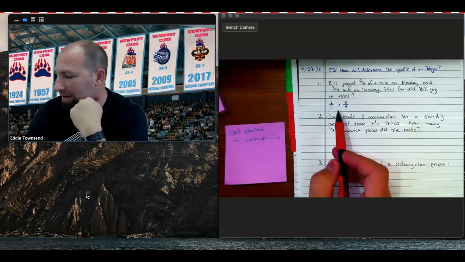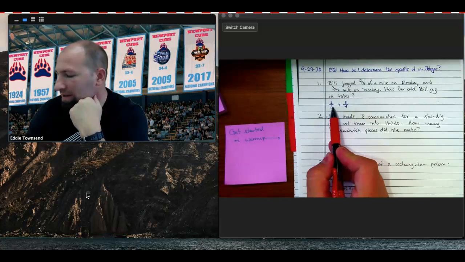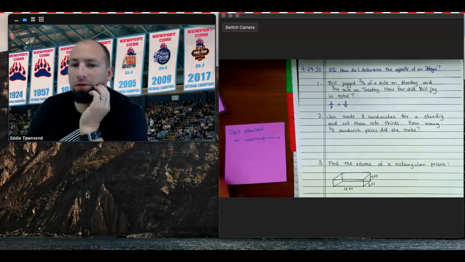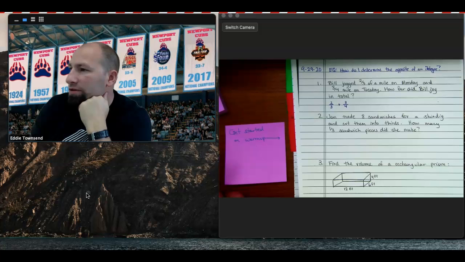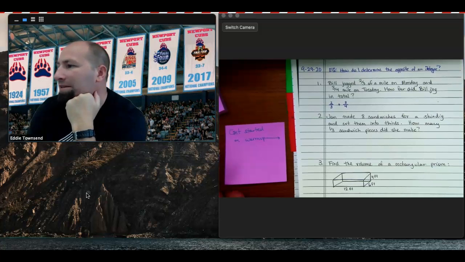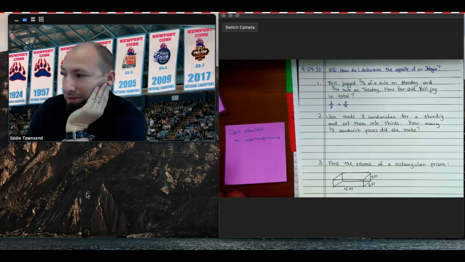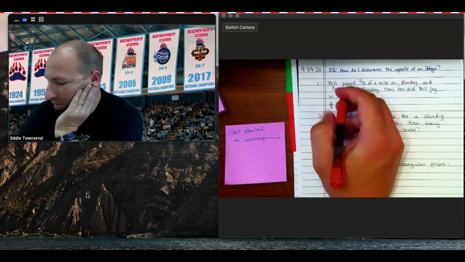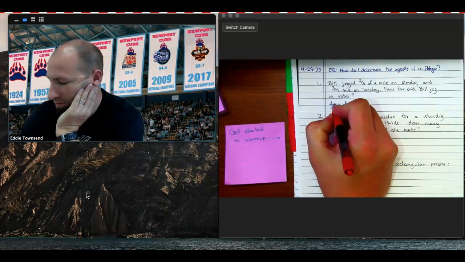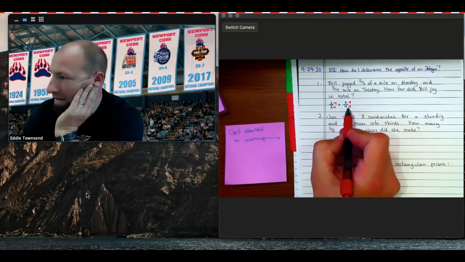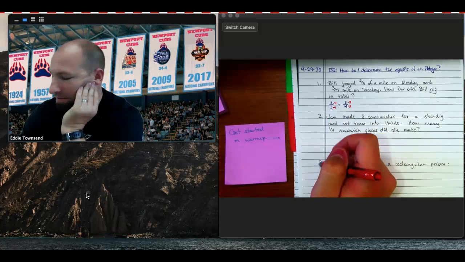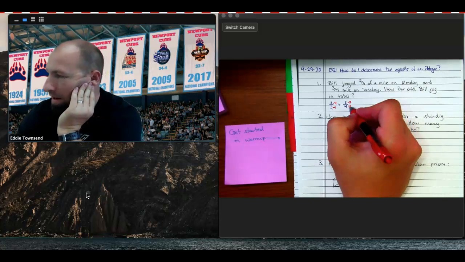So we have to find a common multiple, also known as the least common multiple, for those numbers. The best way to do it is just to multiply by the other number. So if we multiply this side by 4 and this side by 3, the reason is so that we get that same denominator. And whatever you do to the bottom of the fraction, you have to do to the top.